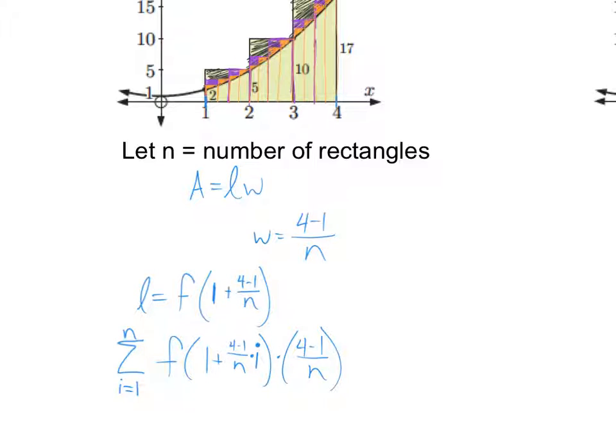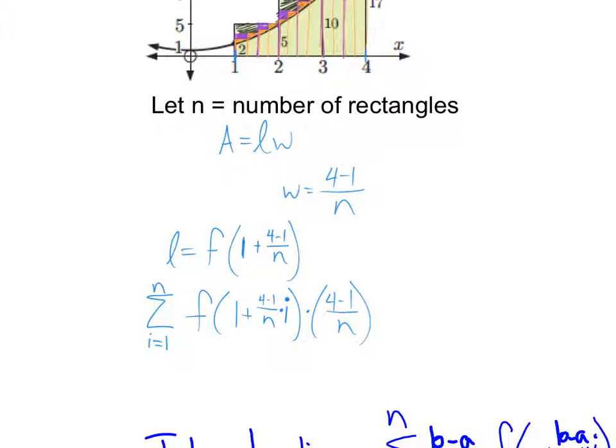But earlier, I forget who said it, they said we want the rectangles to get more and more rectangles. So we're going to let the number of rectangles approach infinity. So what are we taking there? If we want to find a value as the number of rectangles approaches infinity, we're taking a limit. Okay? So look at this.